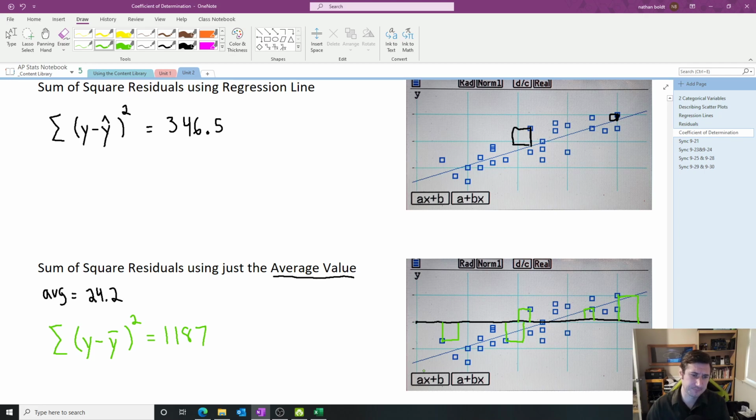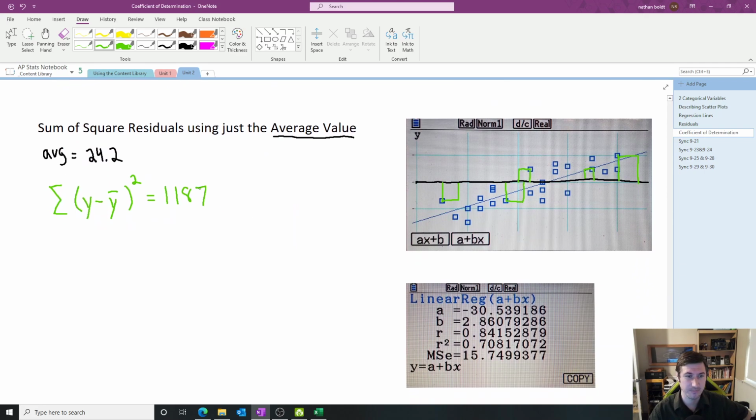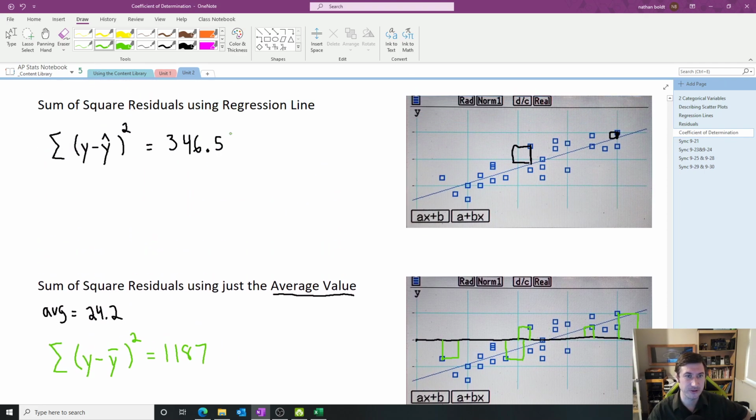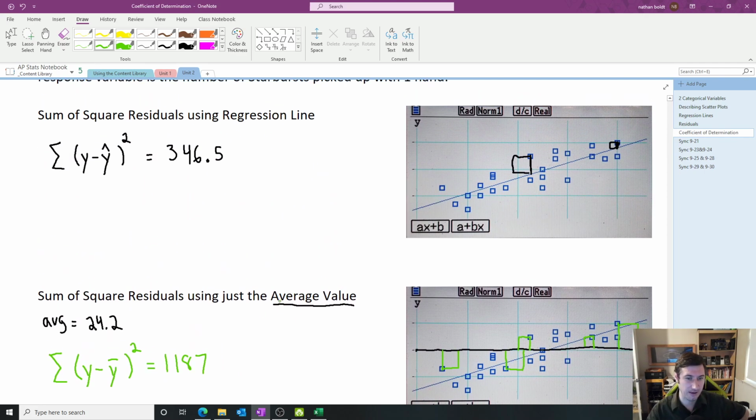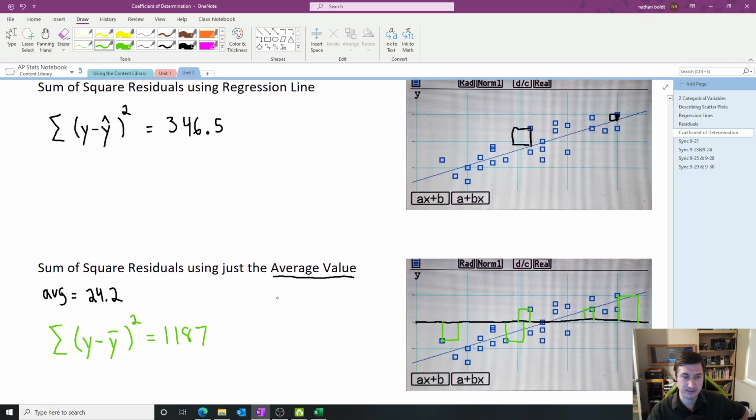1,187. And then what we do here is we think, all right, how much better is our regression line than just our average? Okay? How much better is the regression line than the average? And we do that by a percentage.